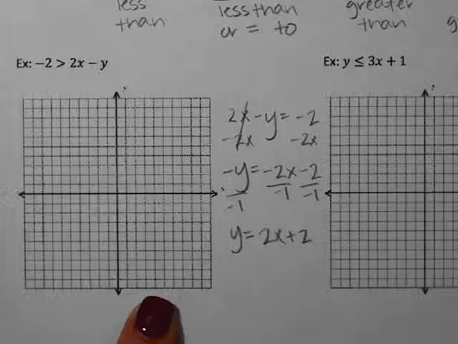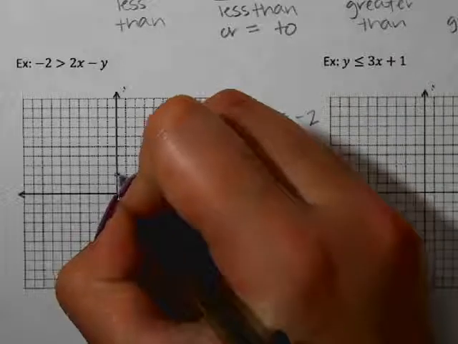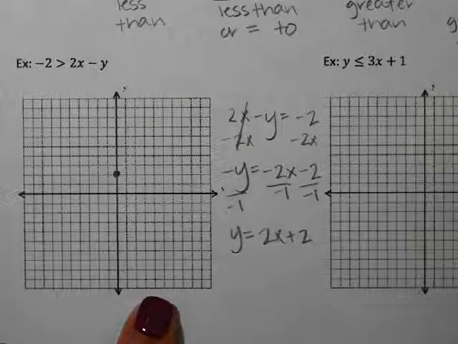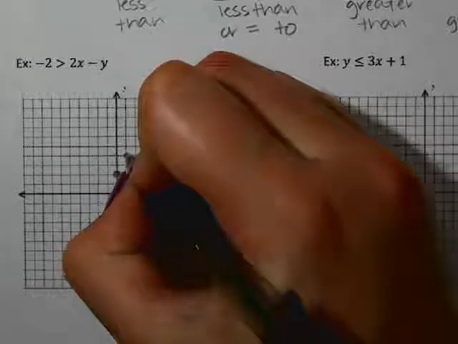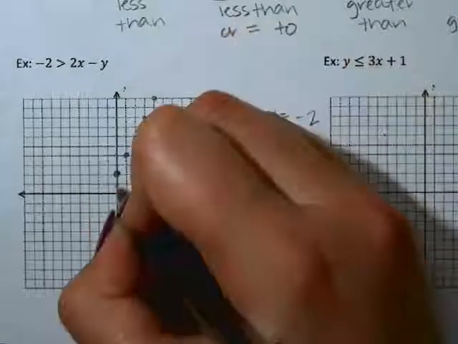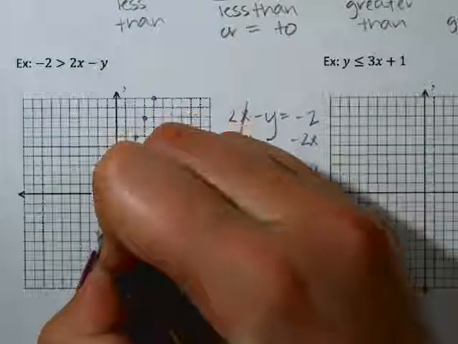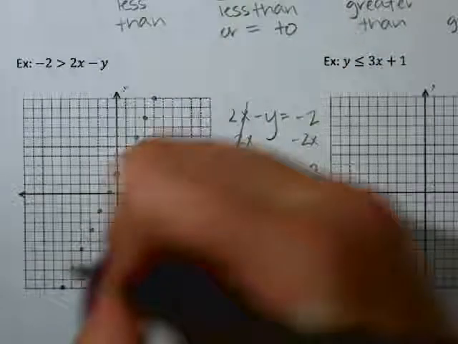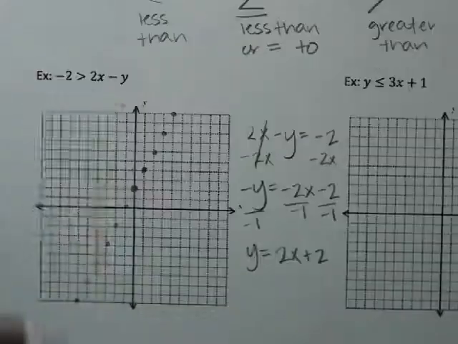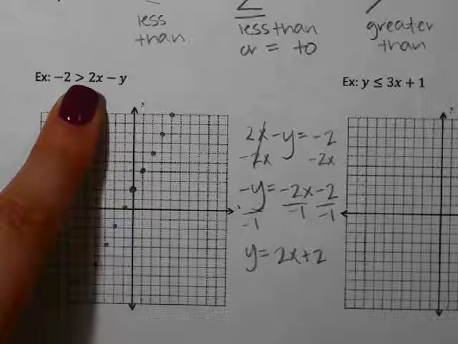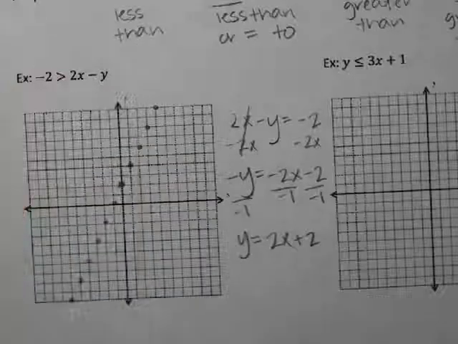So my y-intercept is 2. And then from there, I go up 2 over 1, up 2 over 1, up 2 over 1, and I go backwards. Okay, and then we look at the symbol, and so is this a dotted line or a solid line? Dotted line.